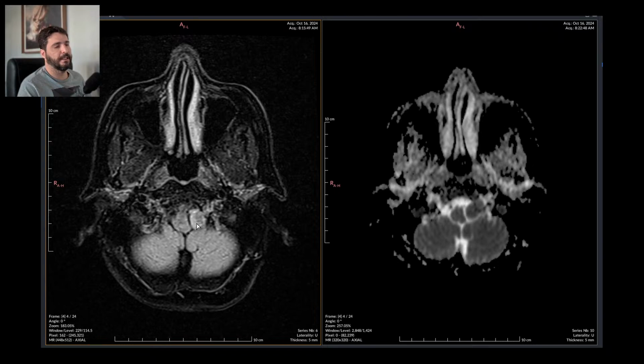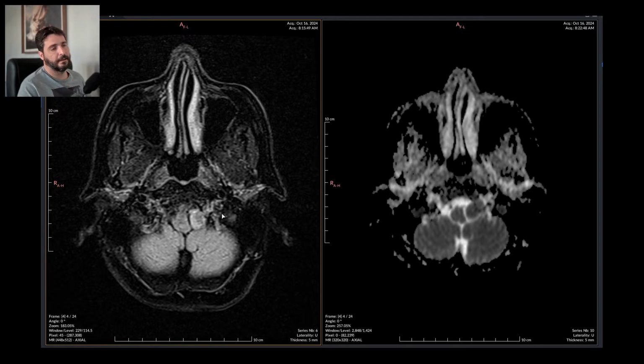And if it bleeds, it's going to be hell for sure. Imagine a swollen meningioma that already takes half of the foramen magnum. This is going to be a massive acute bleeding for sure.